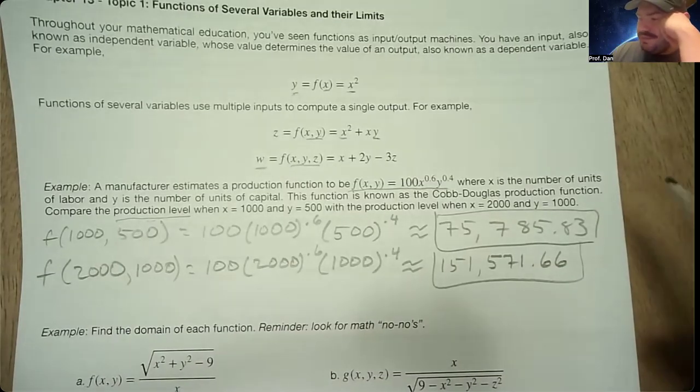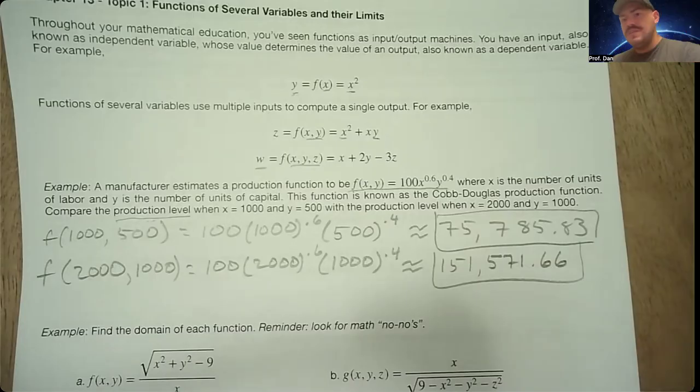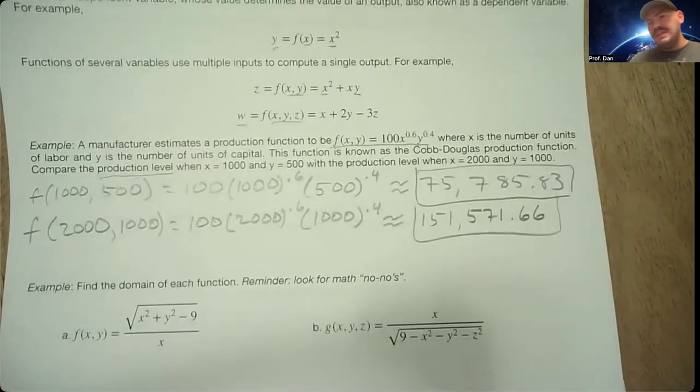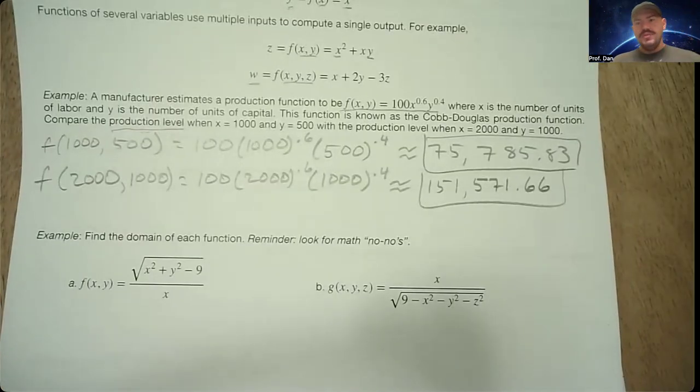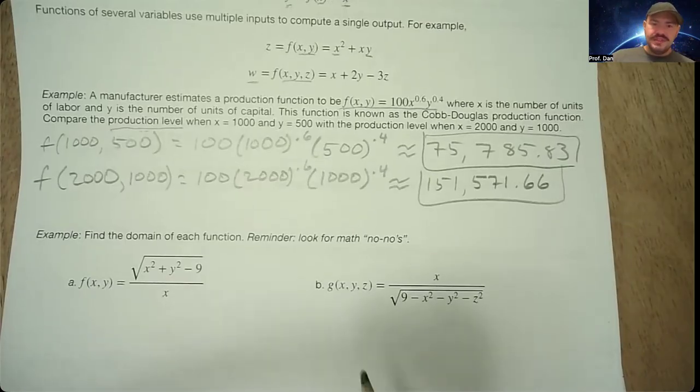Now that we have an idea of the input-output, independent-dependent variable interpretation, let's look at some algebra. When you find the domain of a function of a single variable, what I usually teach is that you look for math no-nos, meaning things that you cannot plug in for your independent variable x.